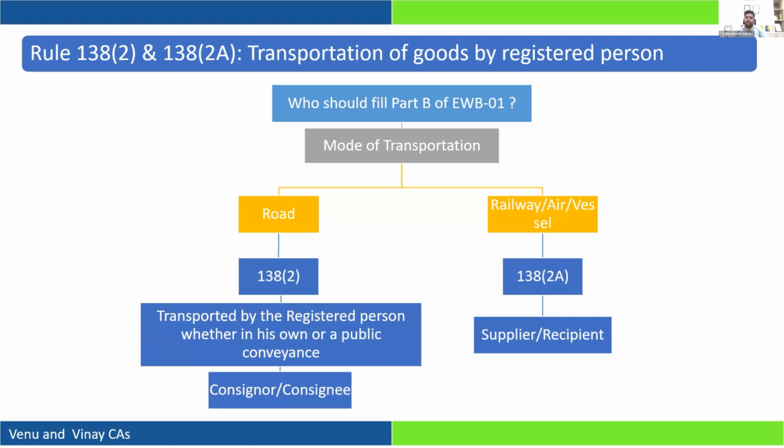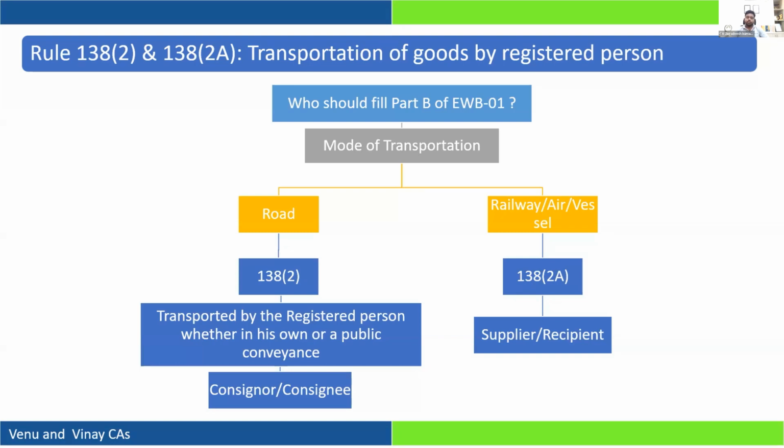Whereas in case of railway, air or vessel, the supplier or the recipient can generate the e-way bill on or before or after the commencement of the movement of the goods. Only in case of the railways, e-way bill can be generated even after the commencement of the movement of the goods, but railways shall not deliver the goods unless you have produced the e-way bill copy to them. So that's the one condition provided in Rule 138 sub-rule 2A.